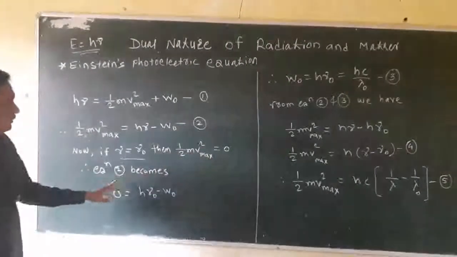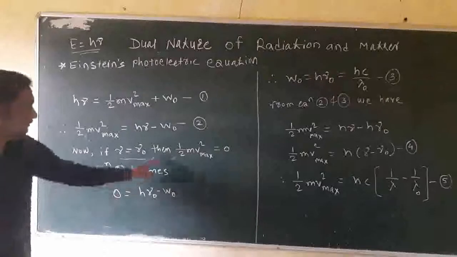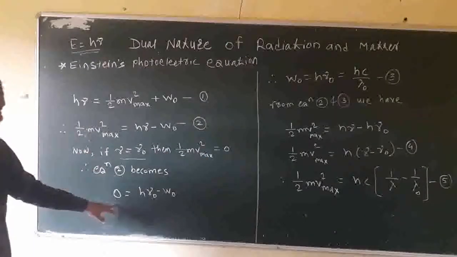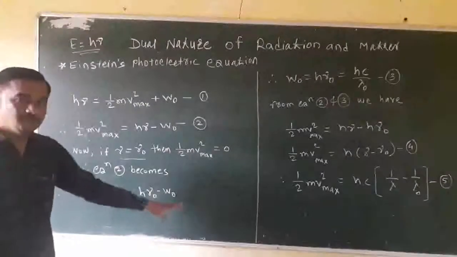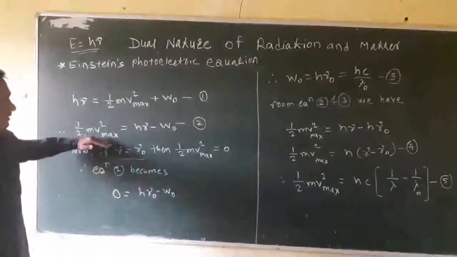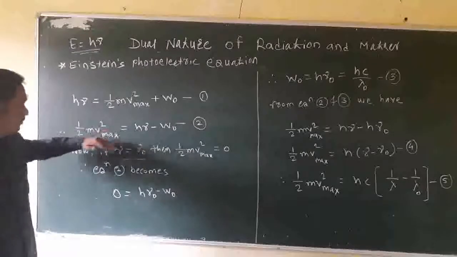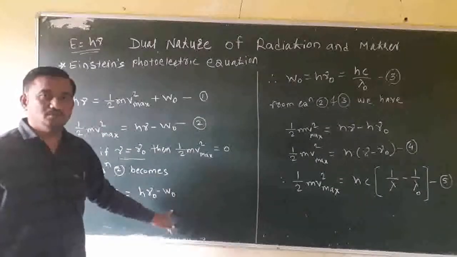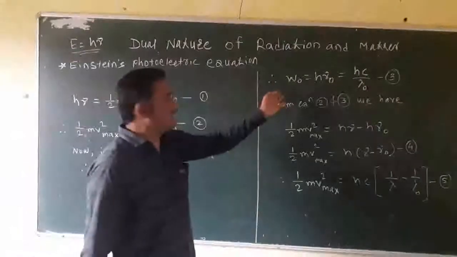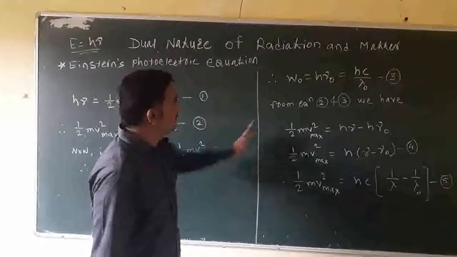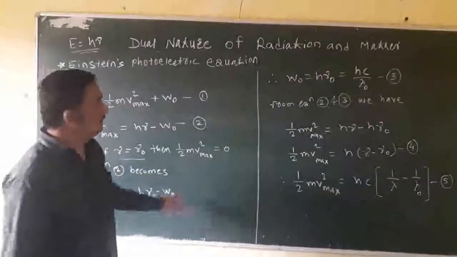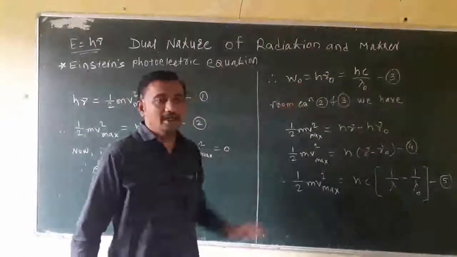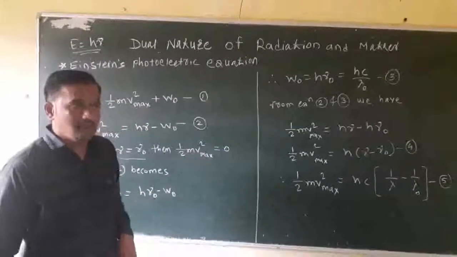Therefore, equation 2 becomes 1/2 m v square max equals 0 equals h nu minus W0. Therefore, W0 equals h nu 0, which equals hc upon lambda 0.